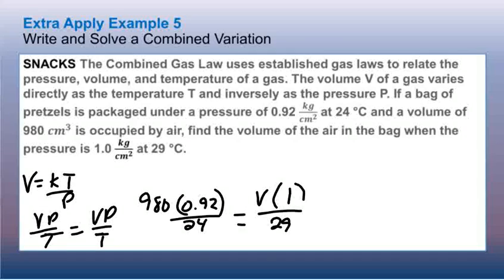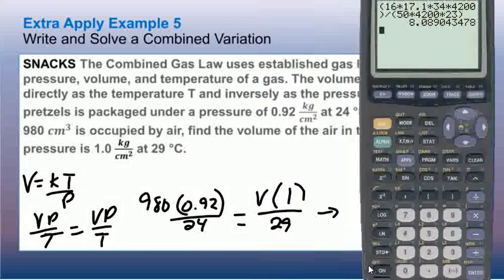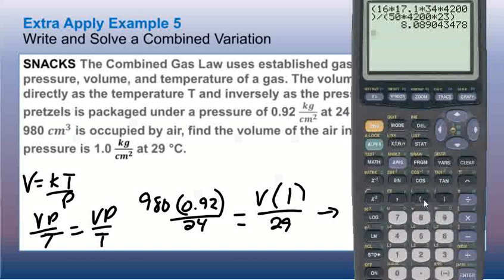So now on here, I'm going to take 980. Let's just do that on our calculator here. So I have parentheses 980 times 0.92 times 29, end parentheses, and then we're going to divide that by 24. That's going to give us 1,089.